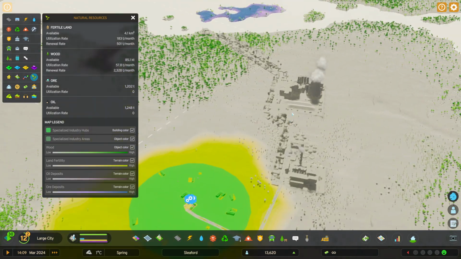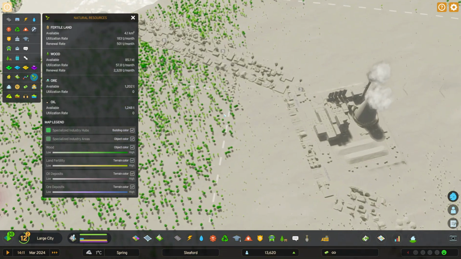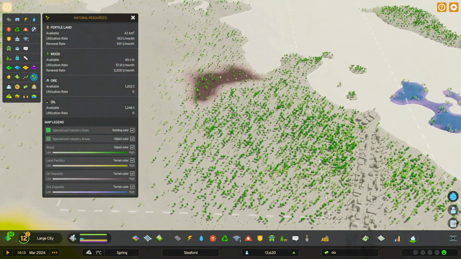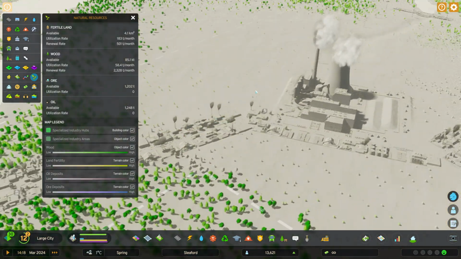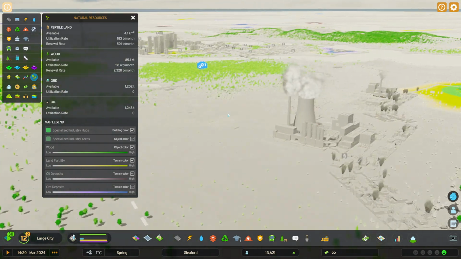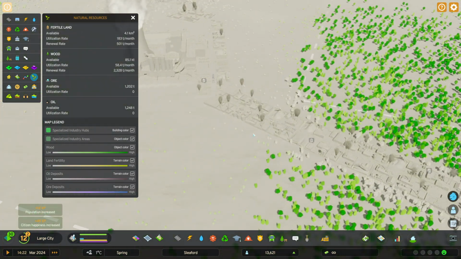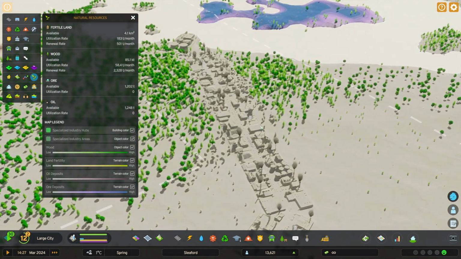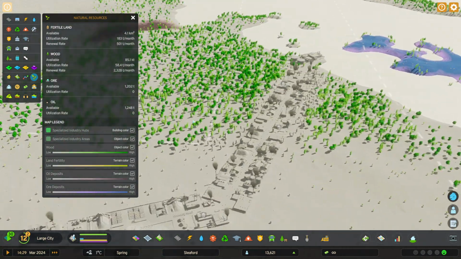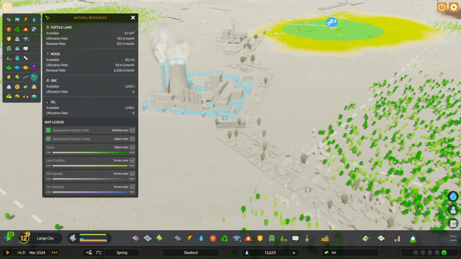So try to build industry in an area where there is no forest, there is no oil, or ore or anything like that. You can simply build it anywhere that there is no natural resource, just for the sake of, you know, perhaps wanting to create something that could use the natural resource in the future.